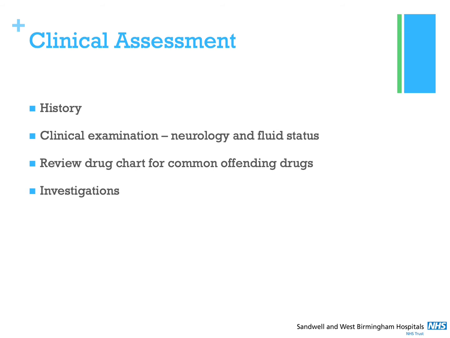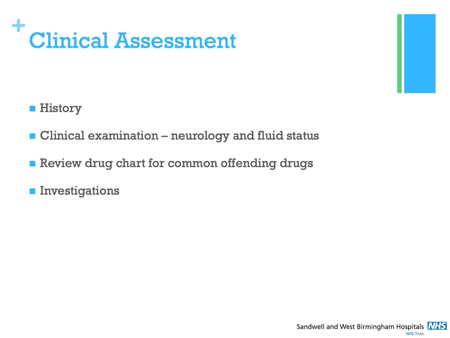Probably the most important thing to cover is how to assess someone with hyponatremia. The history will clearly be important. We'll come on to some of the signs which we see, although they're often quite general. The clinical examination is important, particularly focusing on neurological signs, but probably the most important part of the assessment overall will be looking at the fluid volume status, because this will affect how we manage the hyponatremia.